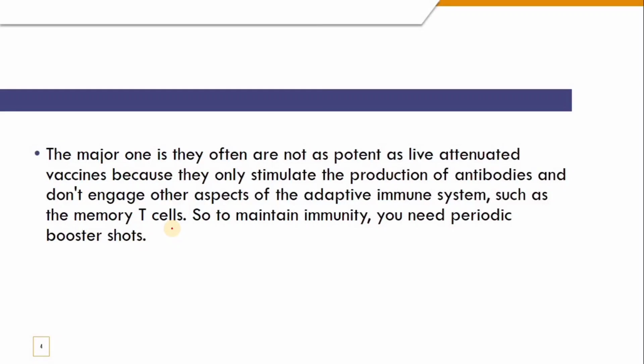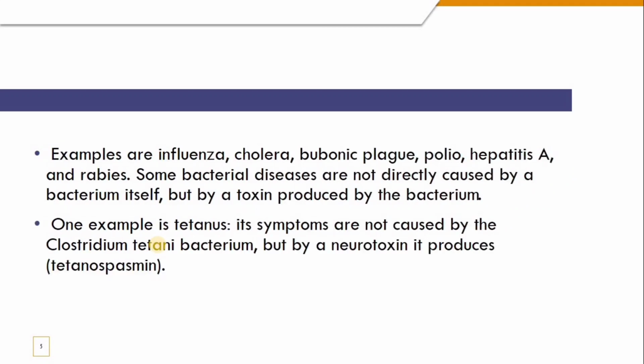So to maintain immunity, you need periodic booster shots. Examples of dead vaccines are the vaccines used for influenza, cholera, bubonic plague, polio, hepatitis A, and rabies. So these are the examples of inactivated vaccine.